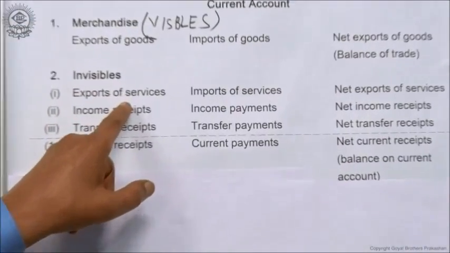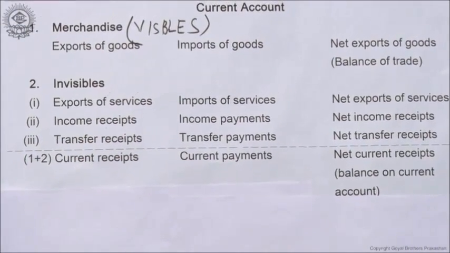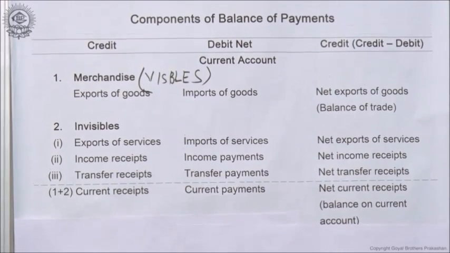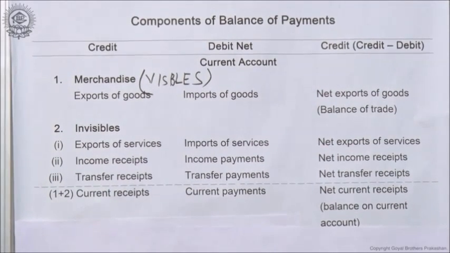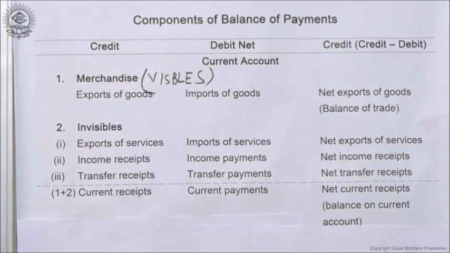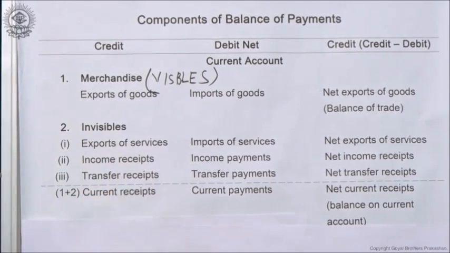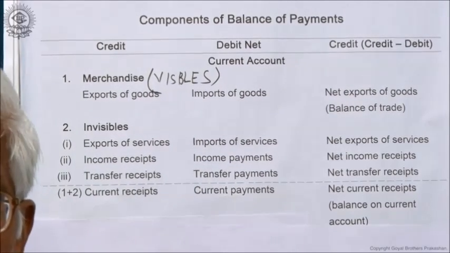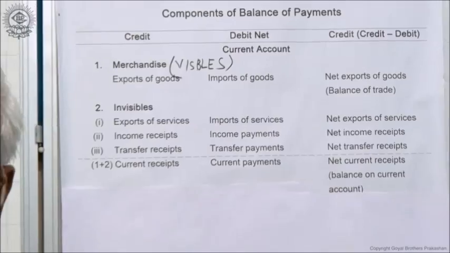Exports of services, imports of services, you know, insurance services, shipping services, or any other services provided to foreigners abroad. Income receipts: we invest abroad, get profit.